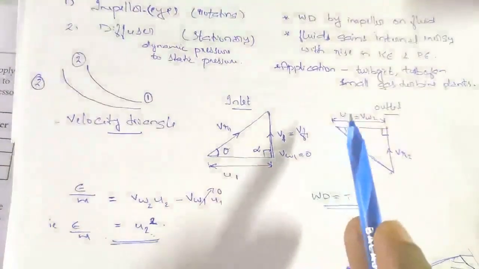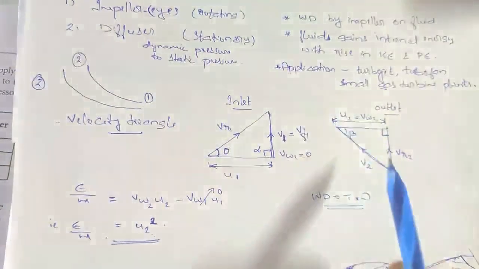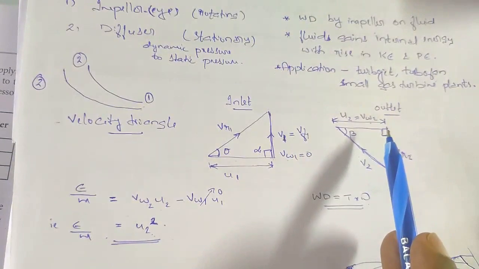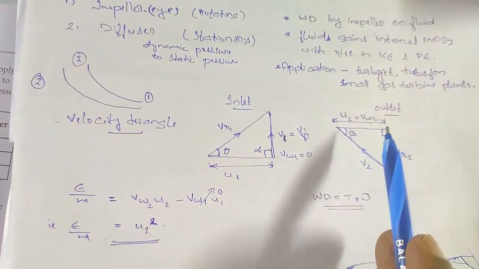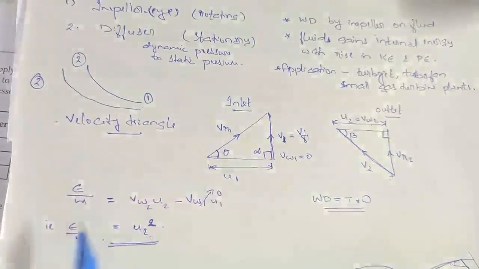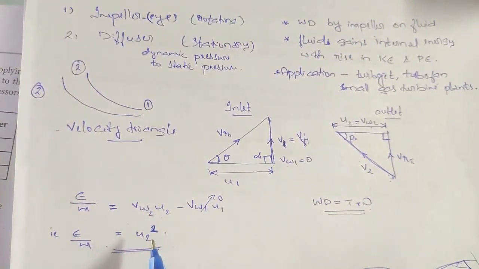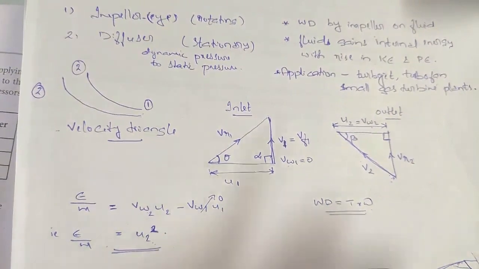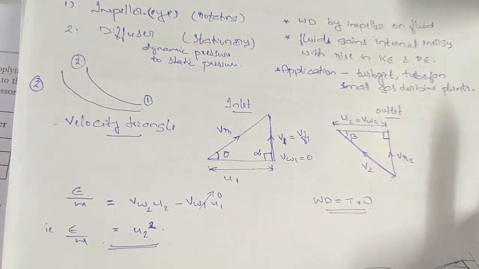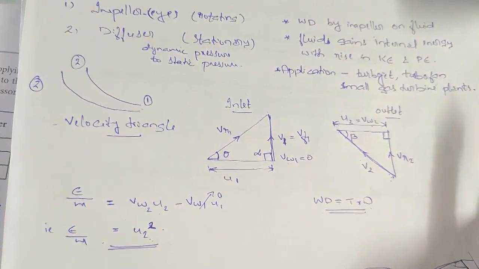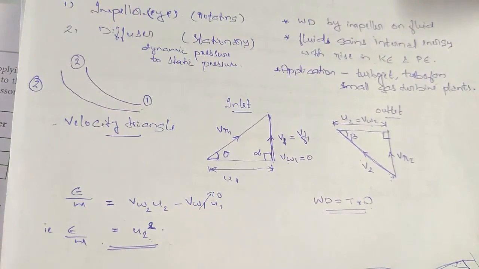But here VW2 is equal to U2, as VR2 is at right angles and the air is leaving the impeller radially. So the energy per unit mass is equal to U2 square. Very important. We have derived an expression for the energy imparted by the impeller, or the work done by the impeller on the air, which is equal to U2 square.